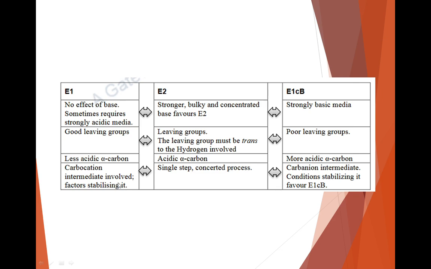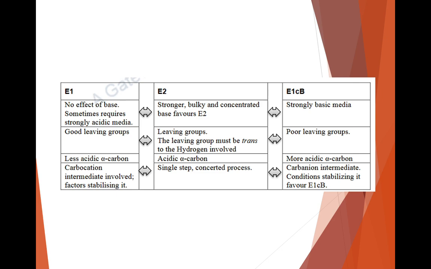Whereas the E2 reaction proceeds through a single concerted step, and everything happens simultaneously in that step. And regarding E1CB, the carbanion intermediate is formed here. The conditions stabilizing it favor the E1CB mechanism.